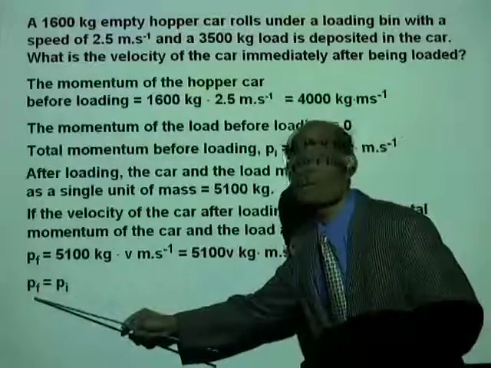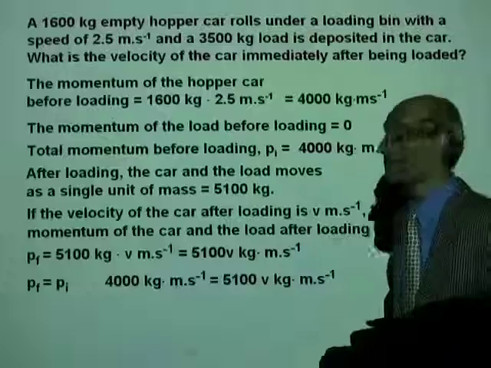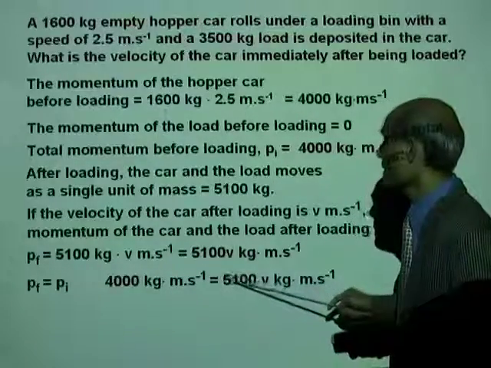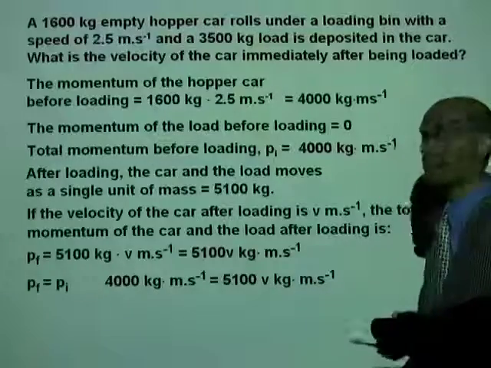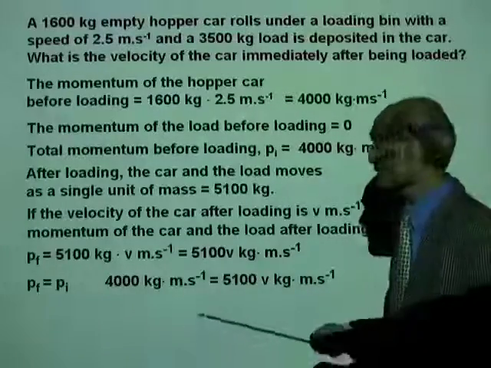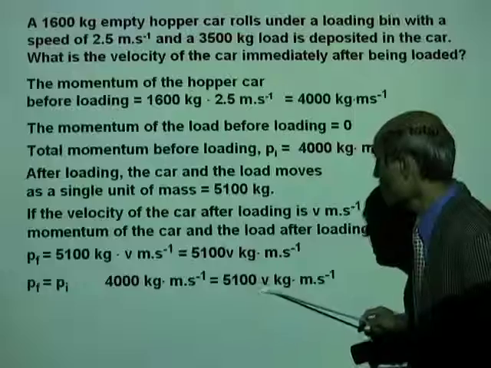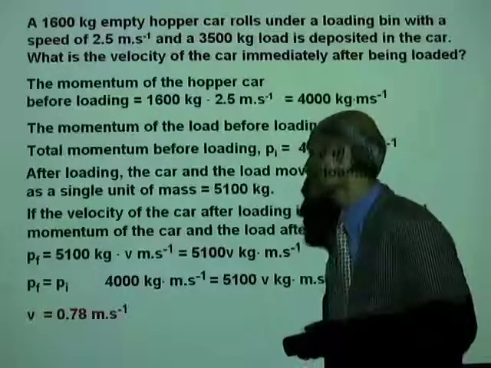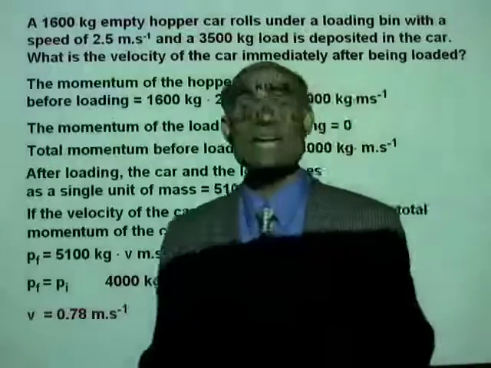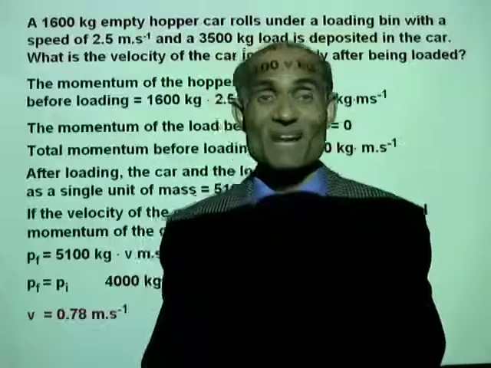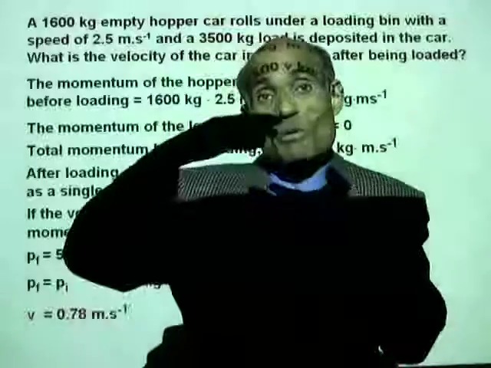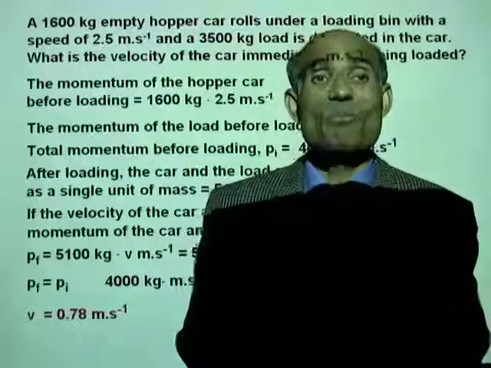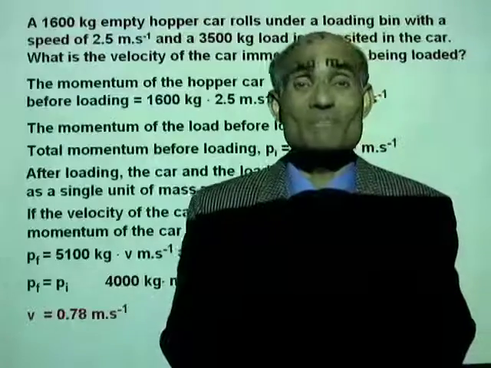So we have PF equal to PI, 4000 kilogram meter per second equal to 5100 V kilogram meter per second. Therefore, what is this V? V is therefore 0.78 meter per second. After loading, the hopper car and the load will move away with a speed of 0.78 meter per second.